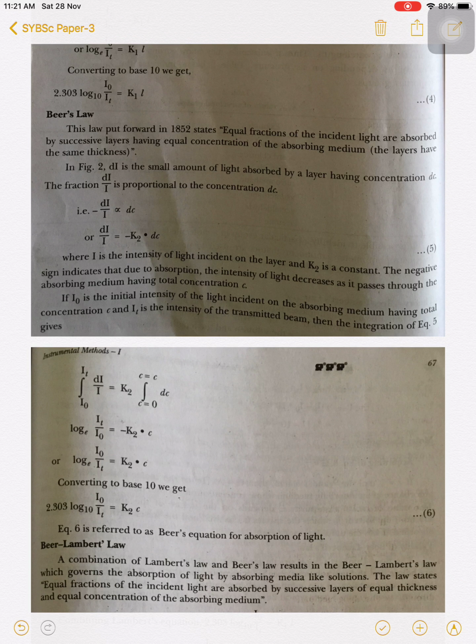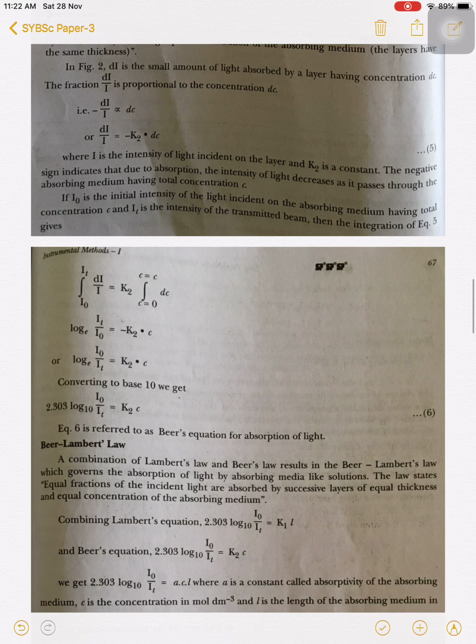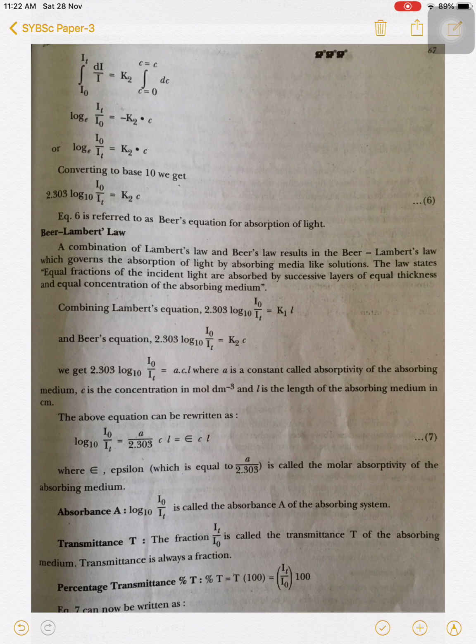If we combine these two equations, equation number 4 and equation number 6, then we get the new combined law, the Beer-Lambert law. The Lambert-Beer law is a combination of Lambert's law and Beer's law.